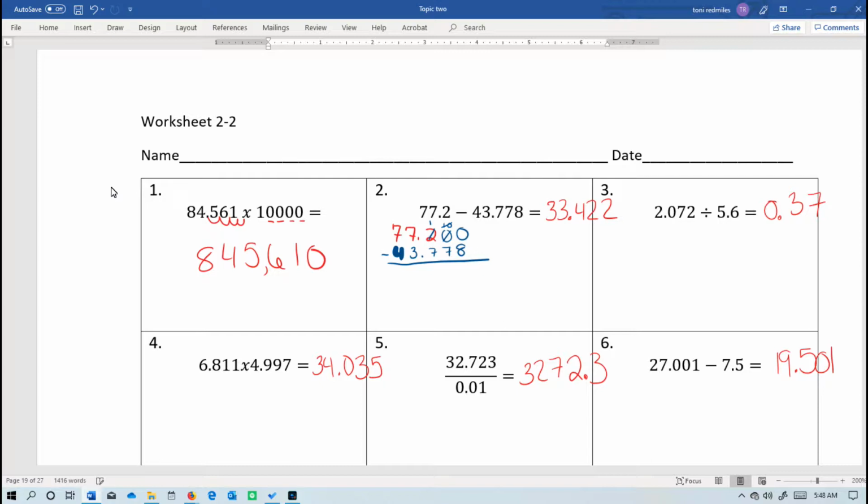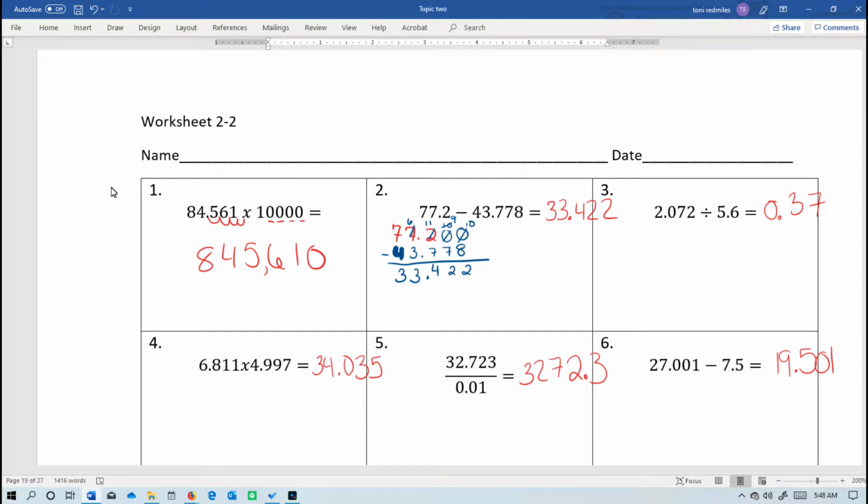Then I'm going to borrow from here. Give 10 to that one. 8 from 10 is 2. 7 from 9 is 2. 7 can't go from 1, so I'm going to borrow 1 here. Give 10 to this one, making it 11, because there's already 1 in that spot. And that will give me 4. Drop down my decimal. 3 from 6 is 3. 4 from 7 is 3.